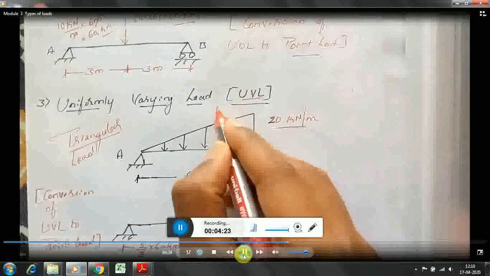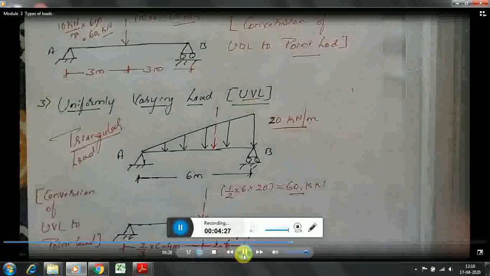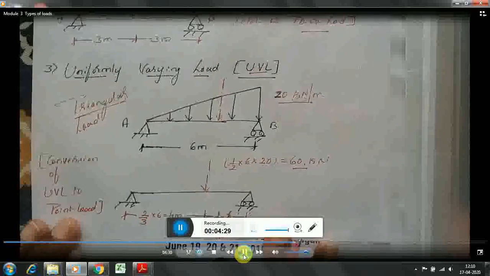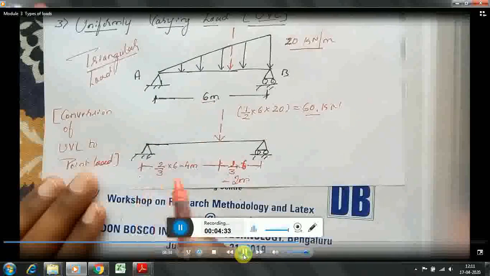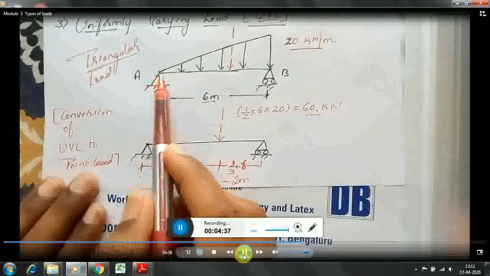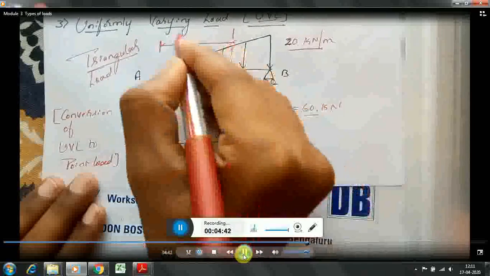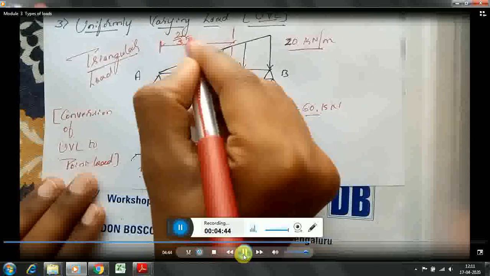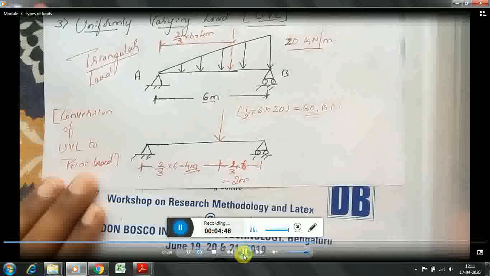Now where will this 60 kilonewton point load act? It acts at a distance of 2/3 of 6, which is nothing but 4 meter from the lowest intensity point. So from here it is 2/3 of 6, that will be equal to 4 meter from the lowest intensity point.